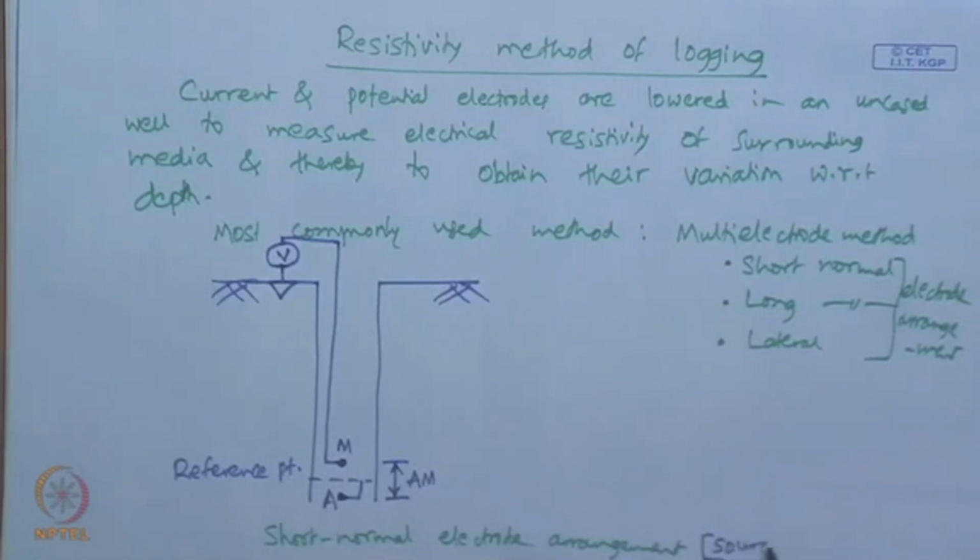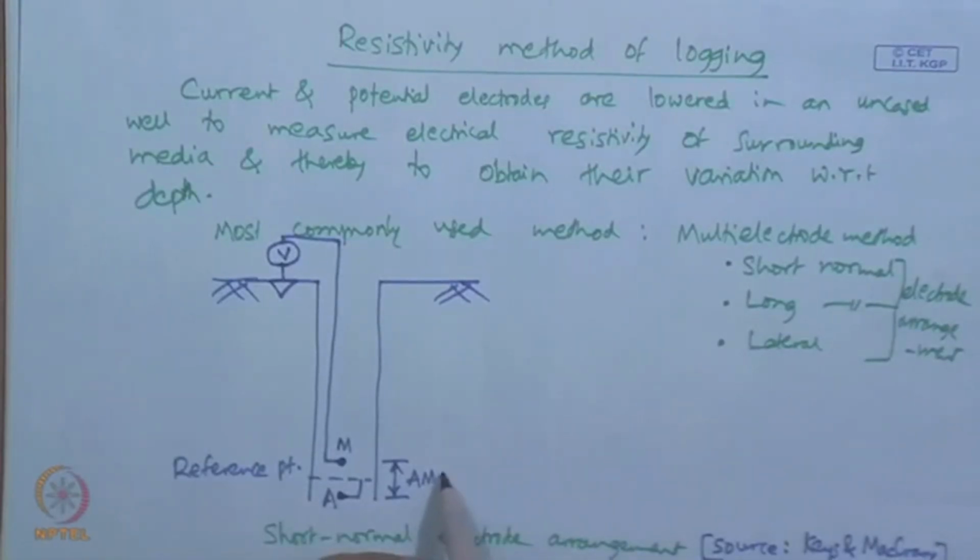This is taken from the source, Keyes and McCrary, 1971, and for the short normal, they adopted a distance of AM, symmetrical with respect to this reference point, as 0.4 meter.